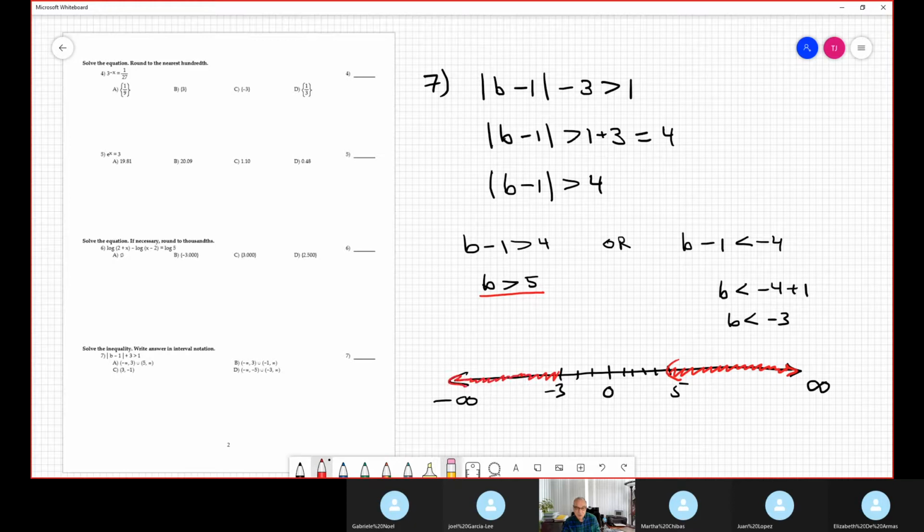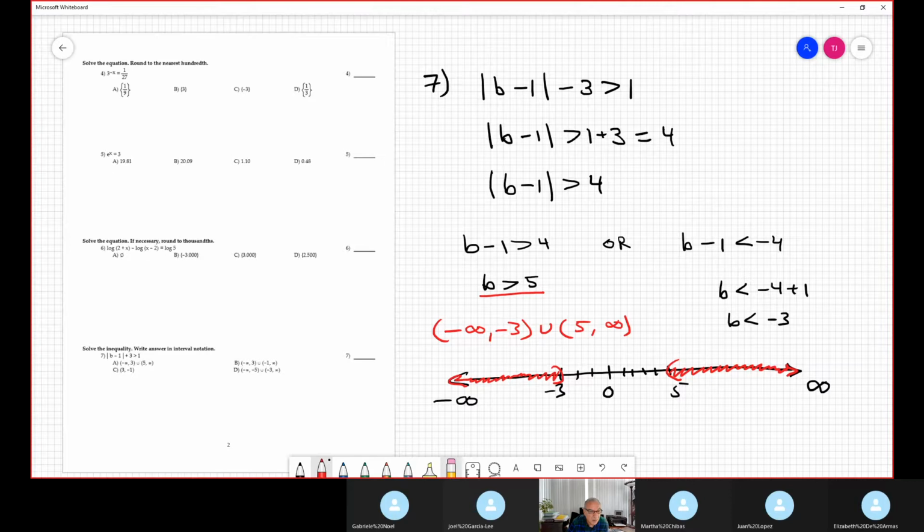Now they want me to express this idea in interval notation. Interval notation is from negative infinity, comma, negative 3, union, 5, comma, infinity positive. Let me see what option is correct. Negative infinity to negative 3. This is completely wrong.